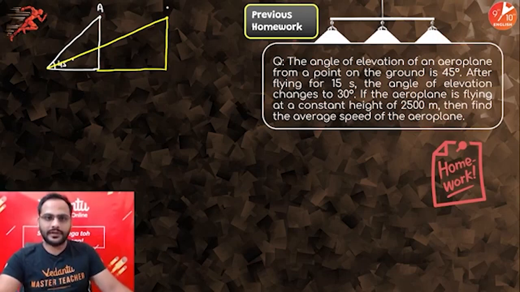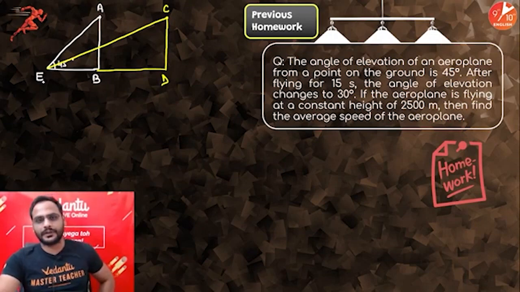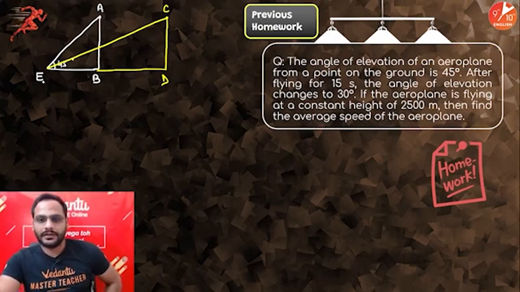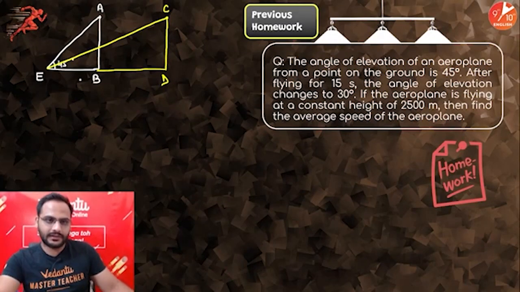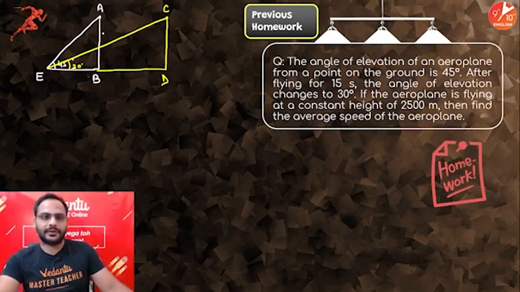So this is say point C, this is point D, this is point B, and this is point E. Here in the second case, the angle is given to be 30 degrees. And the heights AB and CD both will be equal to 2500 meters.